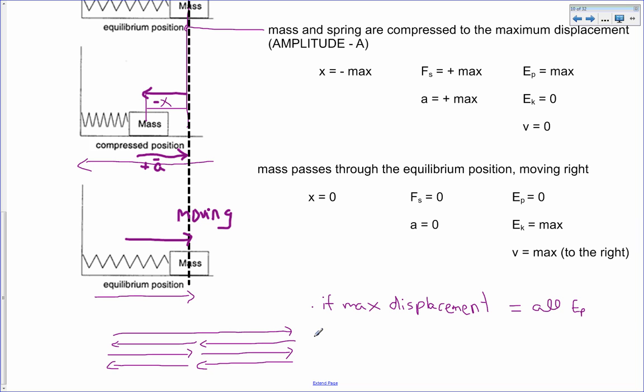If you have a maximum velocity, then that means all EK.